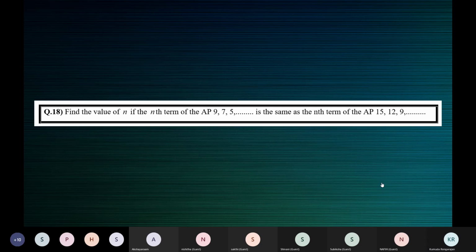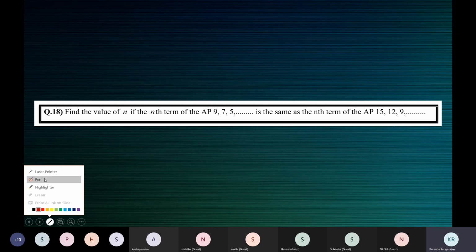What's the value of n, children? Read, ma'am. See here, it's simple.